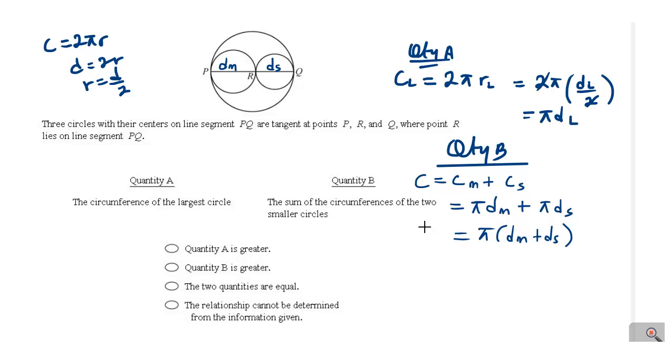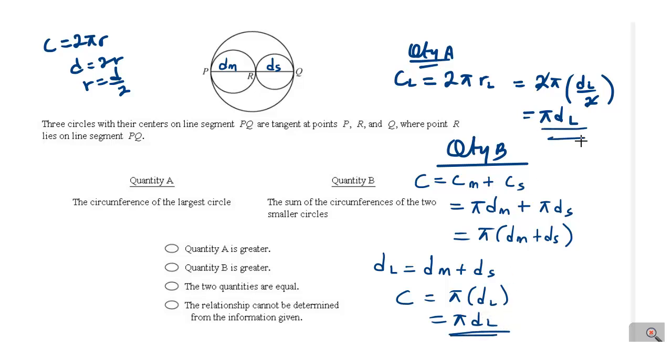But we need to understand that the diameter of the large circle is the diameter of the medium circle plus the diameter of the small circle. So wherever we see D_M plus D_S, we replace it with D_L, which is pi D_L.